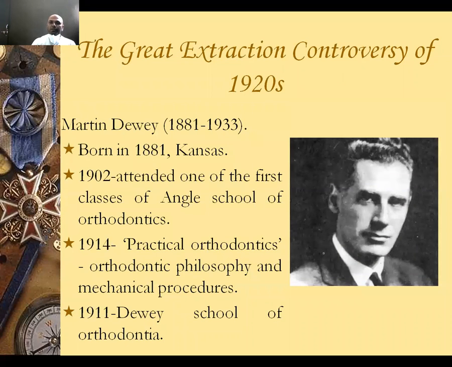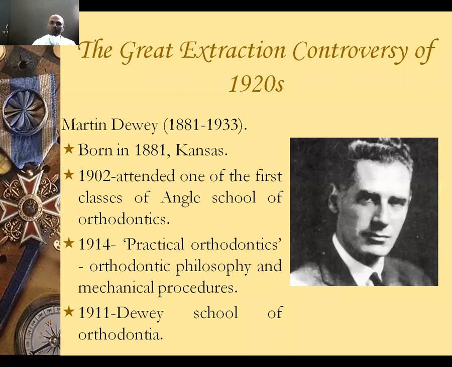Then the Great Extraction Controversy of 1920. Martin Dewey, a student of Angle's, born in 1881 in Kansas, in 1902 attended one of the first classes of Angle's School of Orthodontics. In 1914, he wrote a book, Practical Orthodontics, Orthodontic Philosophy and Mechanical Procedure. In 1911, the Dewey School of Orthodontia was formed by Martin Dewey.